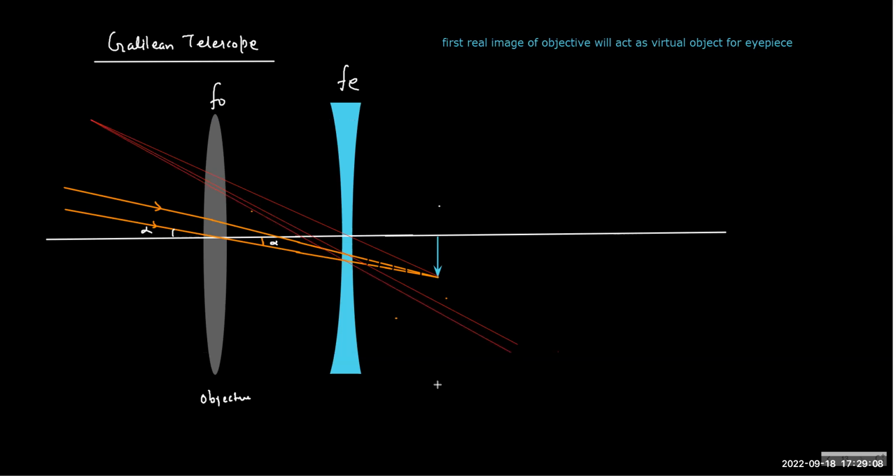The light ray after refraction will bend away from the normal.